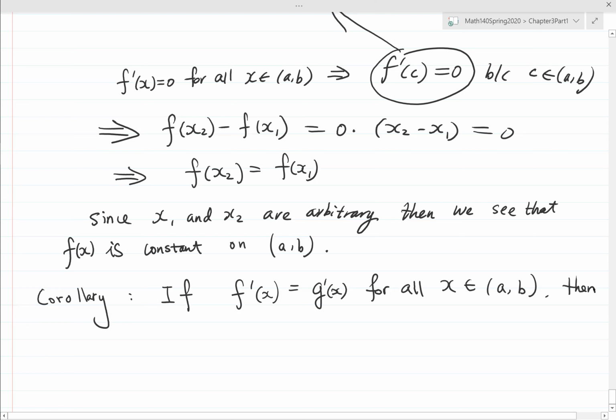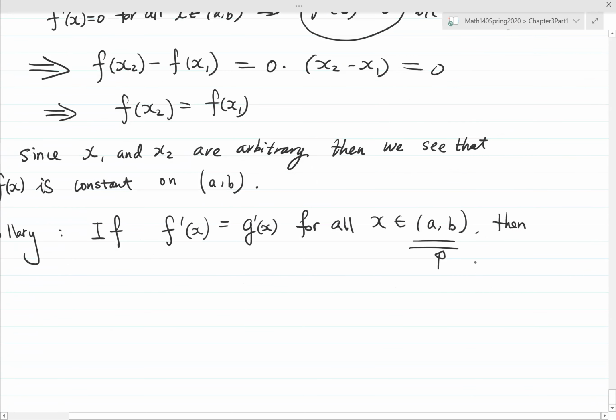That is, if two functions have the same derivative on a connected interval. Be careful, in general it can be wrong. It should be a connected interval.